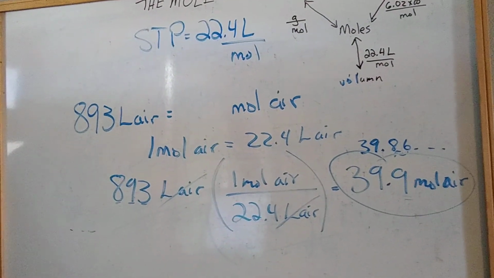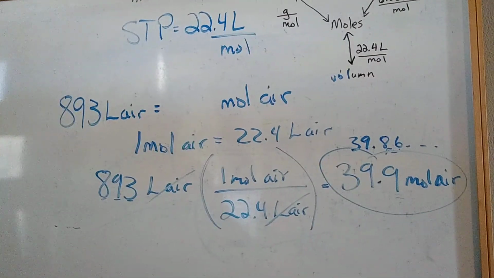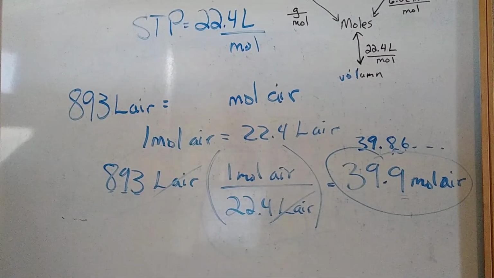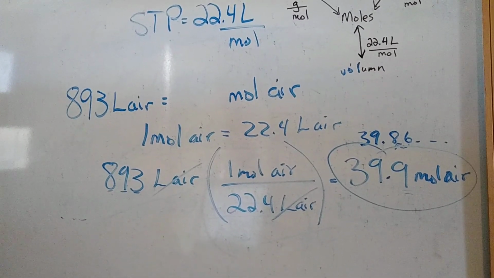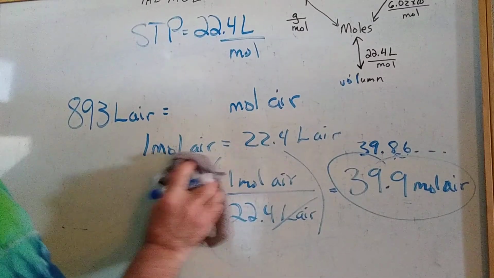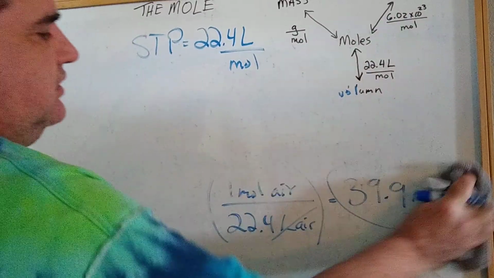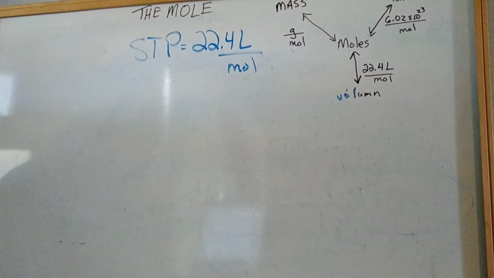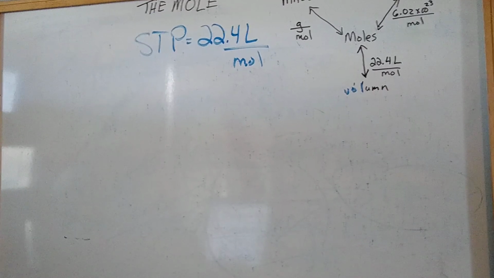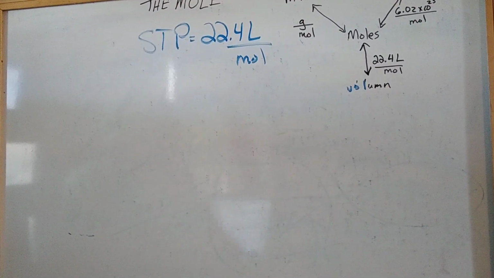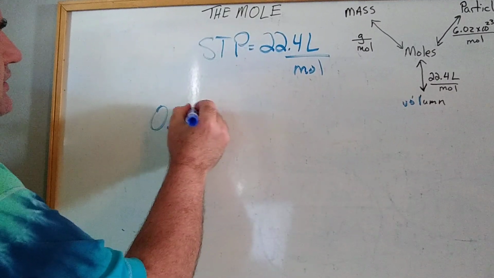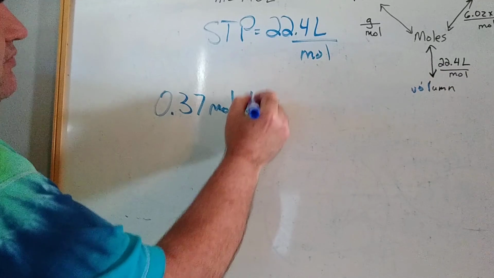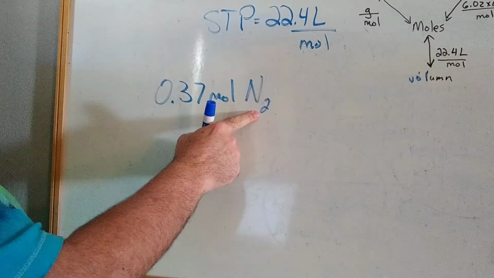Those matter. And then the second problem was, what is the volume of a reaction that produces 0.37 moles of nitrogen? So, we know that we have 0.37 moles of nitrogen. And remember, nitrogen's what?